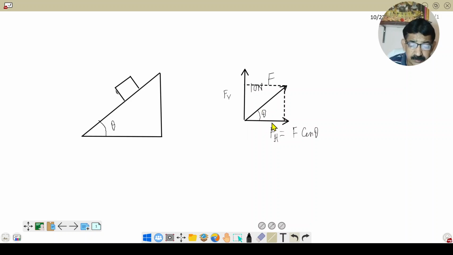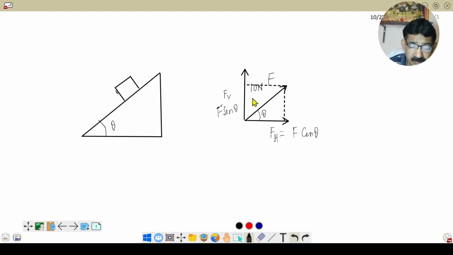Up to the dotted line, the point of intersection between the dotted lines and the solid line, this is the FH. FH is equal to F cos theta, and FV is equal to F sin theta. That means any force can be resolved into two parts, one along the horizontal direction and the other along the vertical direction.